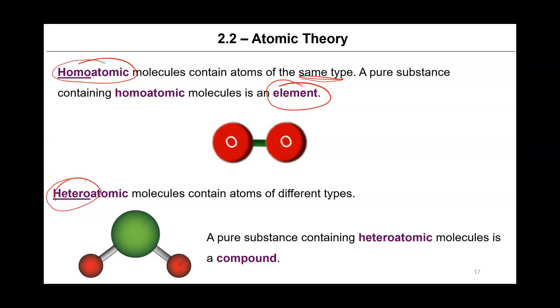Heteroatomic molecules contain atoms of different types, and this means that a pure substance containing heteroatomic molecules must be a compound. So water, H2O, is composed of heteroatomic, triatomic molecules.